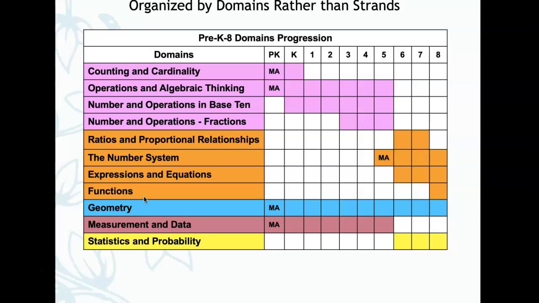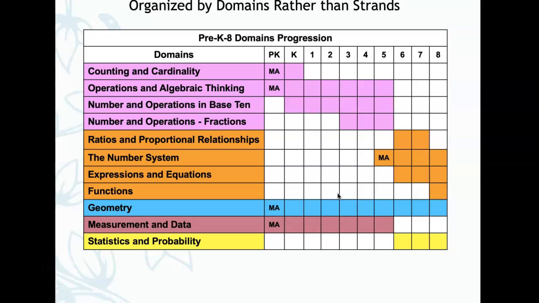And in math, the idea is that math is broken down into domains, and you can see how these domains build upon each other, and it is only geometry that carries through from pre-K, and only in Massachusetts, all the way through to 8th grade. And then the standards are different, and they are specific according to the specific subject area.